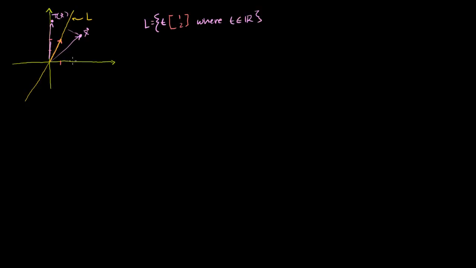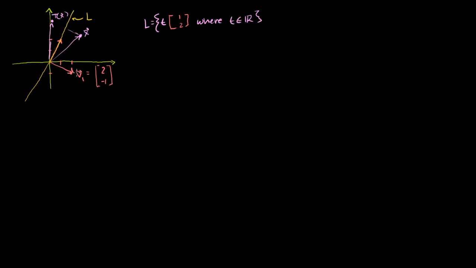So v1 is equal to 2, minus 1. Visually, it looks orthogonal, but even if you actually take the dot product, 2 times 1 plus minus 1 times 2, that's going to be equal to 0. So this is definitely orthogonal to my spanning vector, so it's definitely orthogonal to every point on that line.